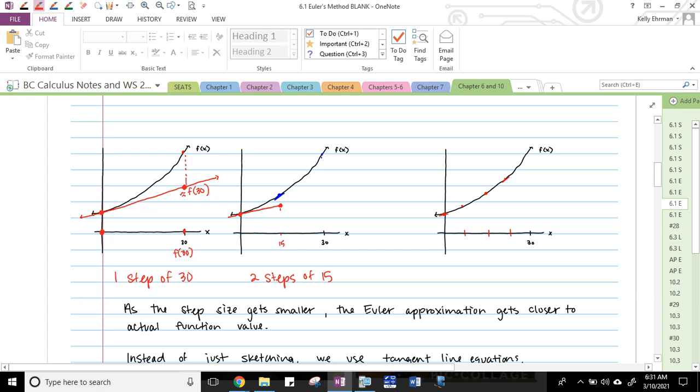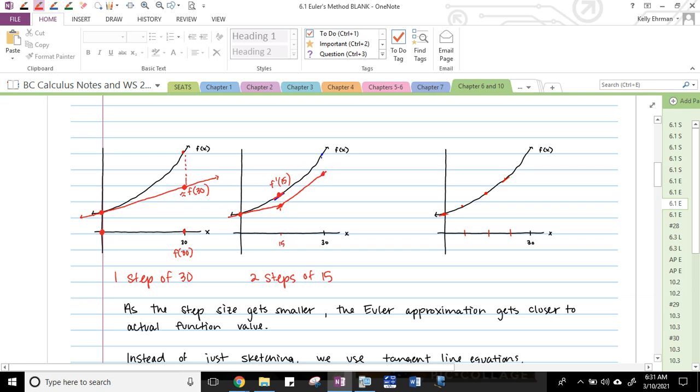Now I'm still trying to approximate f of 30, but I want to sort of change my bearing, basically. Think of this as if we're flying a plane or something. I don't want to keep going on this path because I'm straying pretty far off. So what if I readjust? At f of 15, what if I find f prime of 15 and come up with a new tangent slope and then use that tangent slope to get myself a little bit closer to what f of 30 actually is.